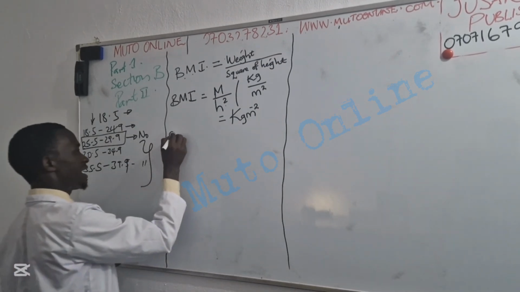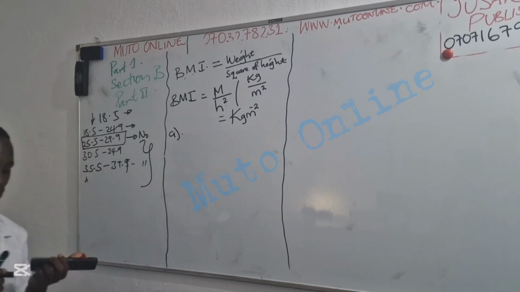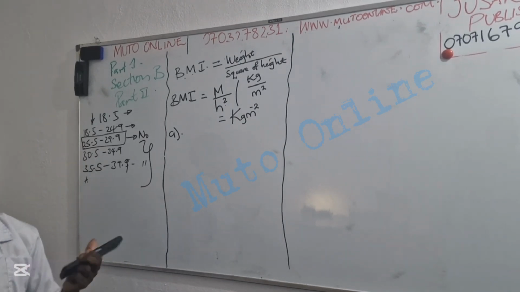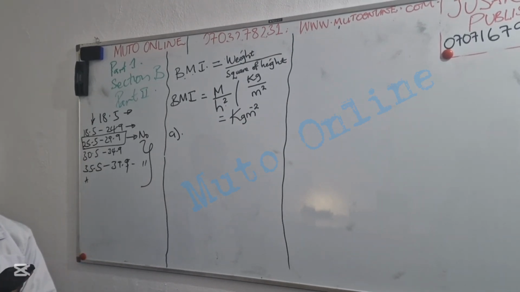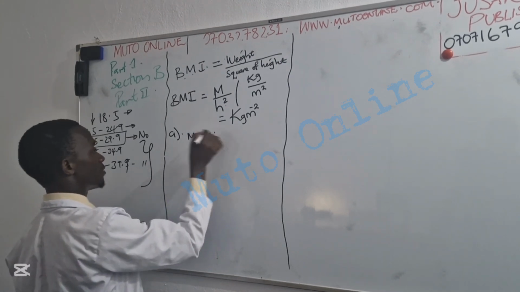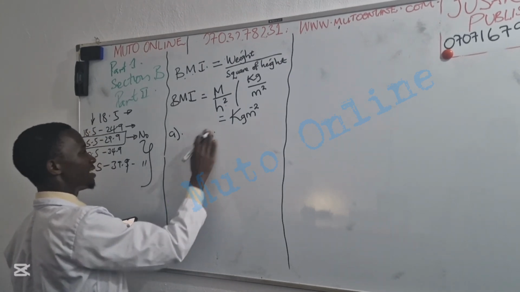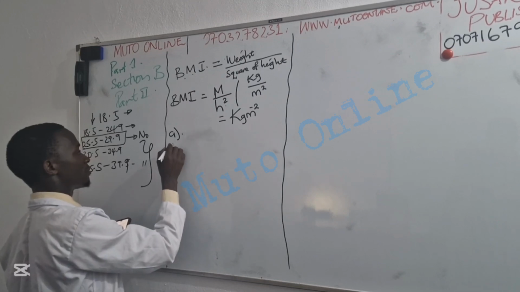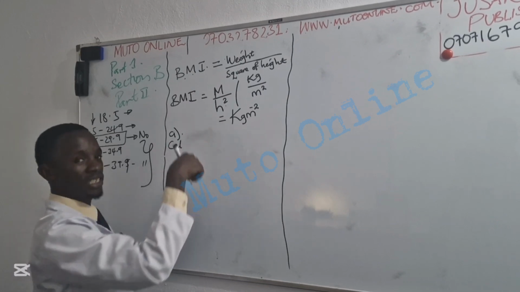So this means for part A, we have a task of calculating for the BMI of every participant, every nominee, starting with Mark. So actually, we shall state it, we shall connect it to the scenario.